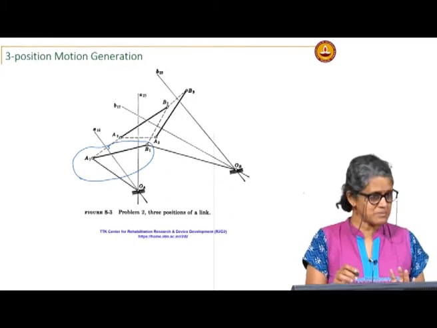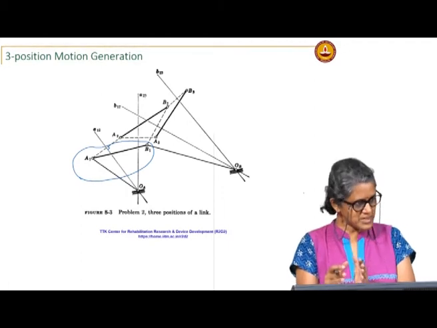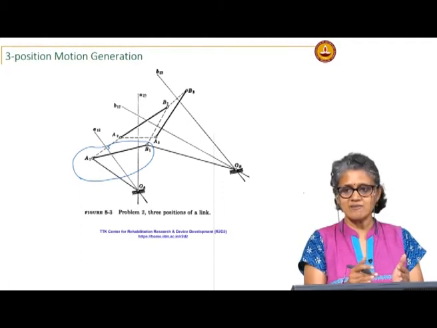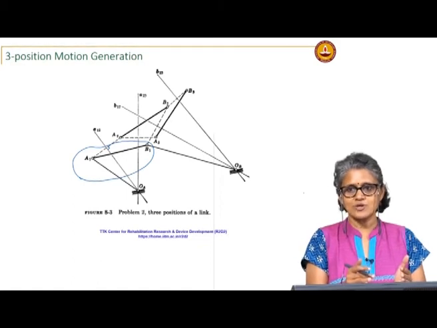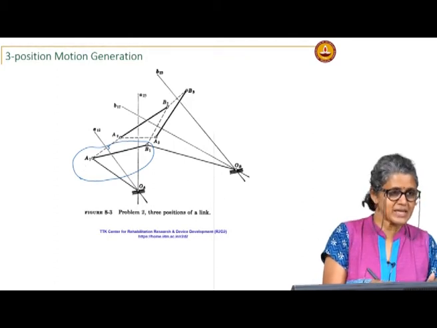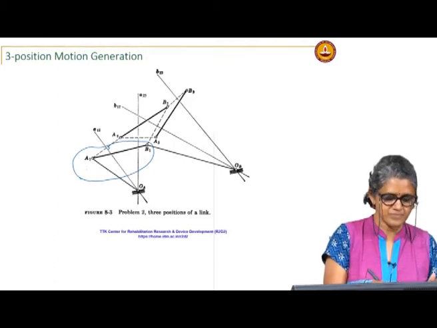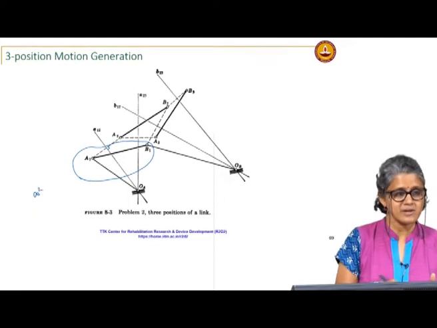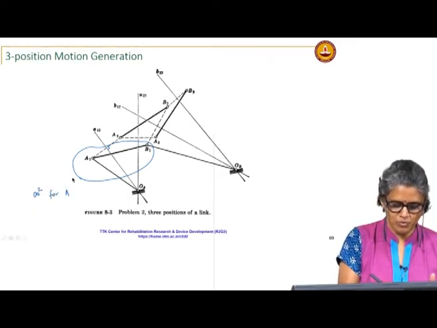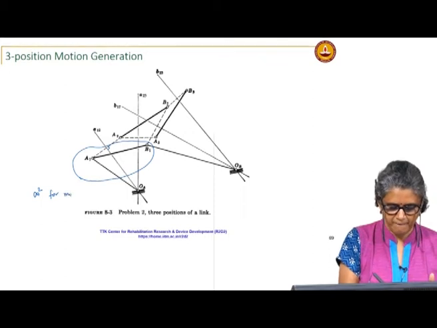In some cases I may have to, in which case it becomes severely restrictive, but otherwise I actually have how many more solutions that are possible? I can choose any A on this body. So, infinity square for moving pivot anywhere on that plane.